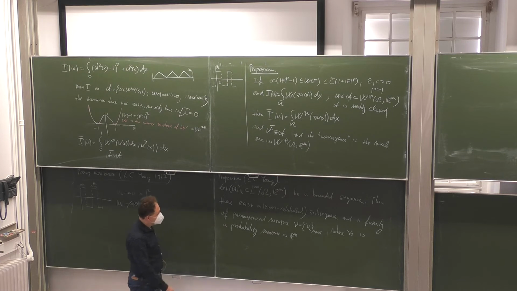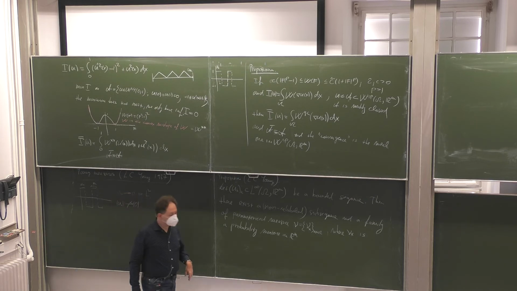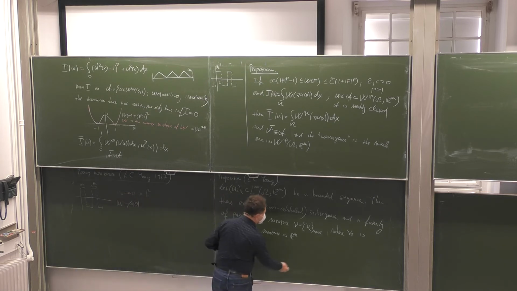So probability measure means the measure of the whole space is 1 and it's non-negative.